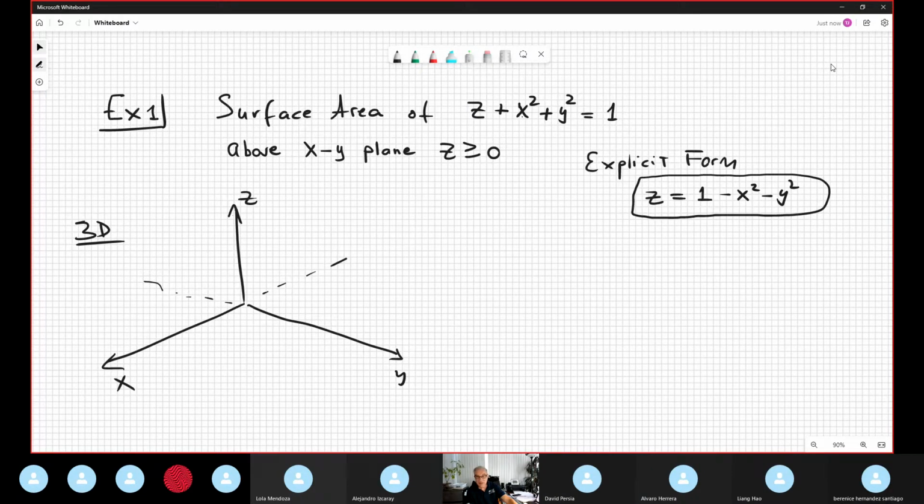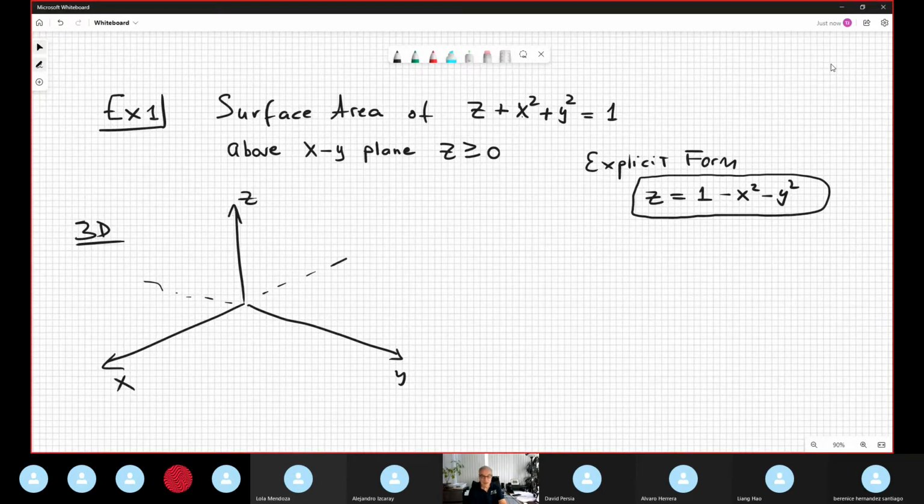Actually, it's circular, because the coefficient in x and y is the same. Circular paraboloid. Now, does the paraboloid open up or open down? Up. Oh, no, down, because it's negative.